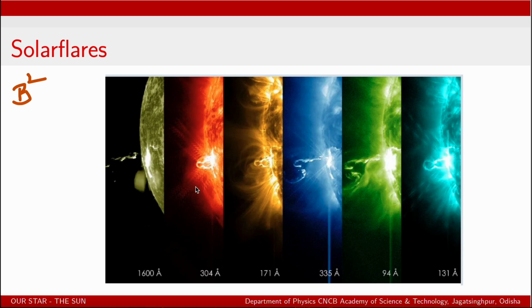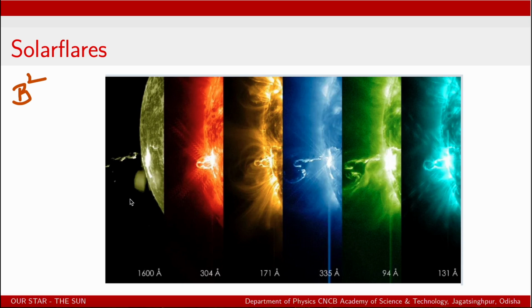So here we have pictures of solar flares, and one important thing to note is that solar flares are not visible to the naked eye. They emit radiation in the ultraviolet and the X-ray region. Here you can see these photographs have been taken using UV cameras and X-ray cameras.